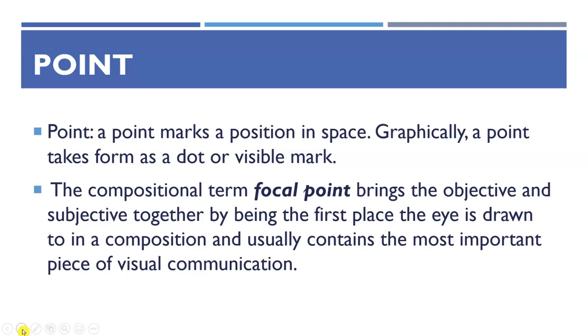The objective is the area of space that you don't get away from. If you're working on 8.5 by 11, that's the space you have. What the focal point does in the design is bring the viewer's eye to a particular position on that 8.5 by 11 space that you're working with.